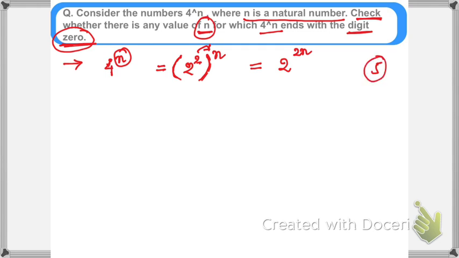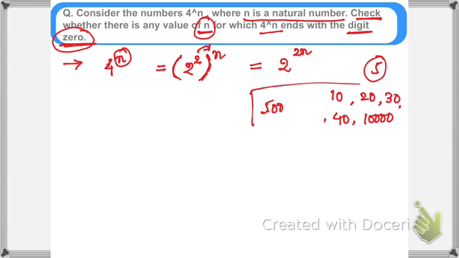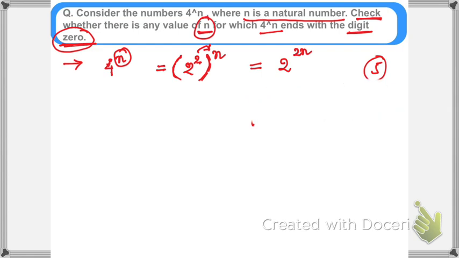Numbers ending with 0, like 10, 20, 30, 40, or any number like 500, 1000 or 10,000, are all divisible by 5. We know this very well. So for any number to end with 0, it should be divisible by 5.